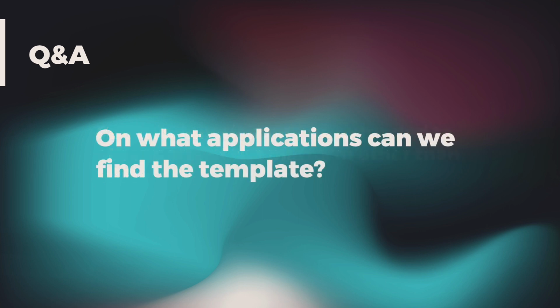All right, next one we have here: on what applications can we find the template? The template that you saw today is primarily looking at the project module within ServiceNow. Tomorrow, we're going to look at and actually show templates for program and portfolio. And those areas by nature actually include project and demand data.